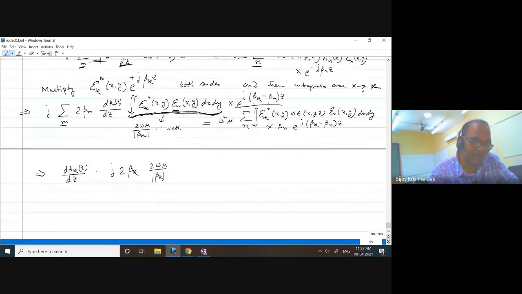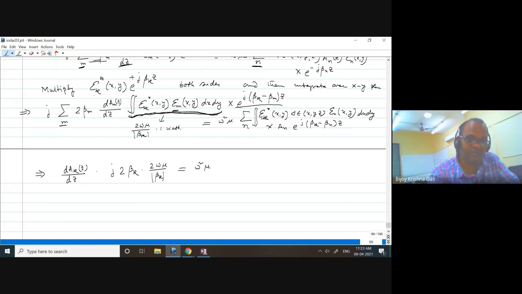So what about the right hand side? On the right hand side, I have omega square mu, and there we cannot write like that, because you are taking the integration not only of ek and en; in between, delta epsilon xyz is there.